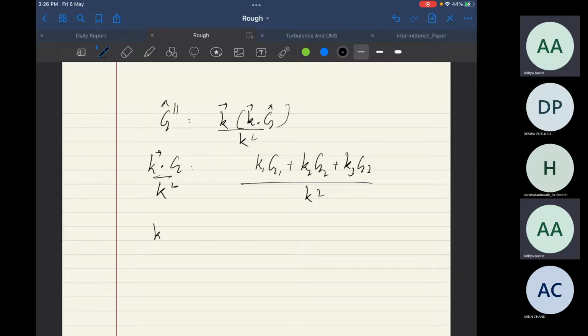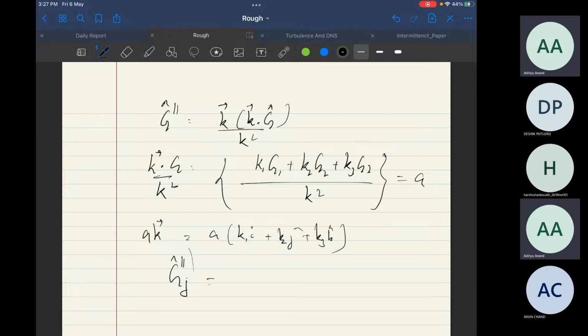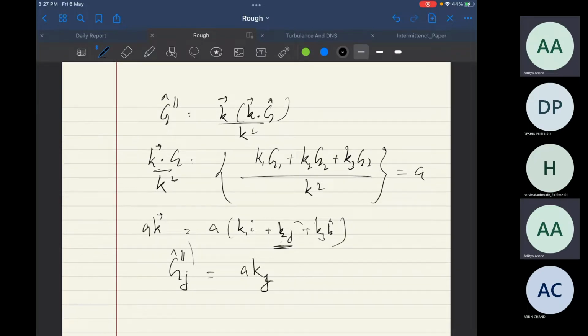And when you multiply it with the vector, this entire scalar I can write as, let's say, a. So this is a times k, or a times k1 i, k2 j, k3 k. So the jth component for this parallel part would be a times the component in the jth direction, let's say kj.